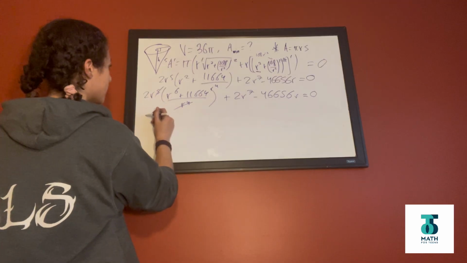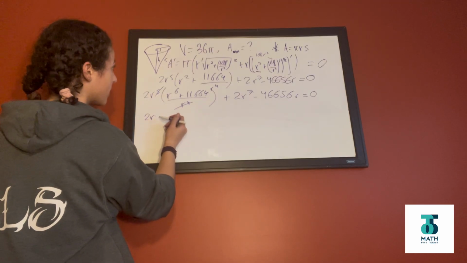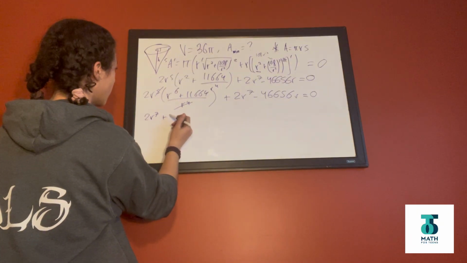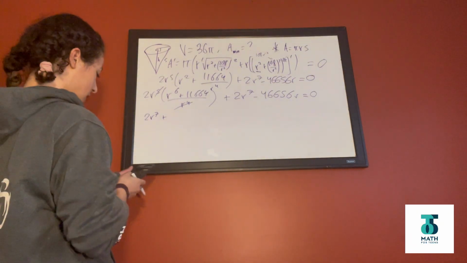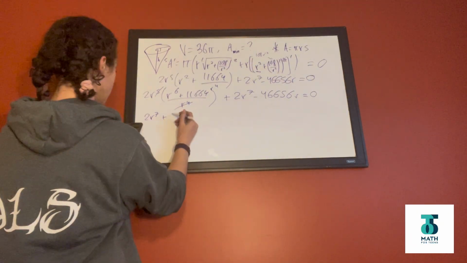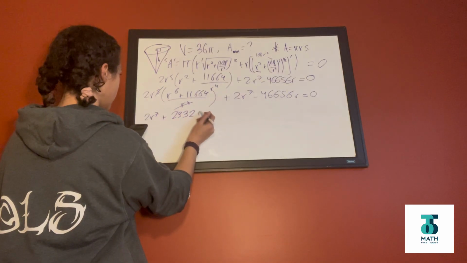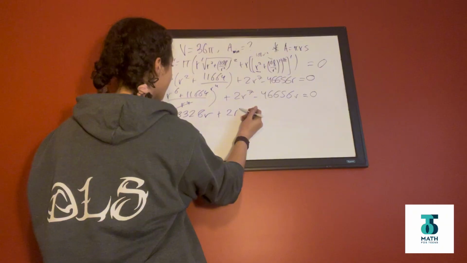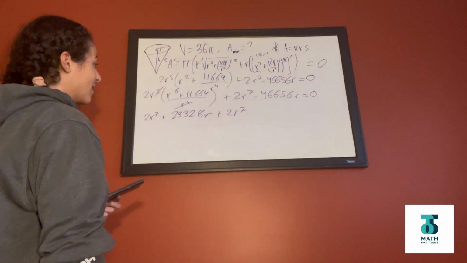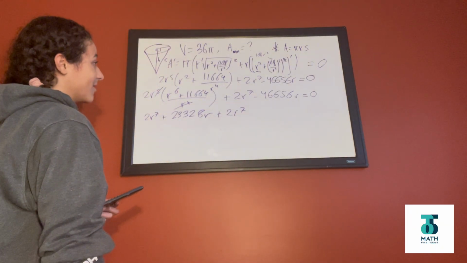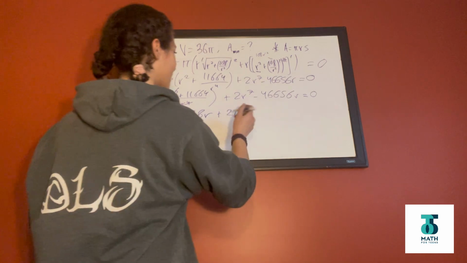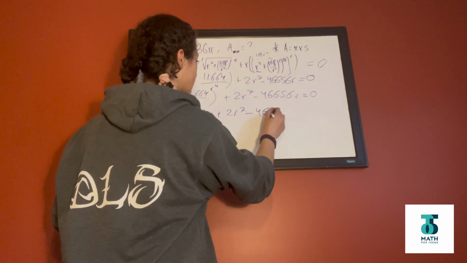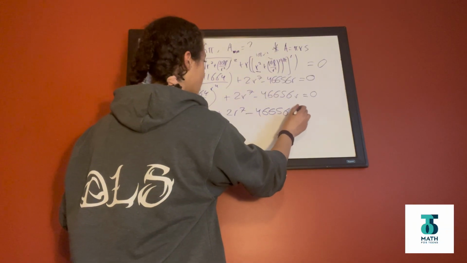I have 2r to the 7 plus this times 2, 23,328r, plus 2r to the 7. It would be really nice if those cancelled, but no, that would not be good. Minus 46,656r equals 0.